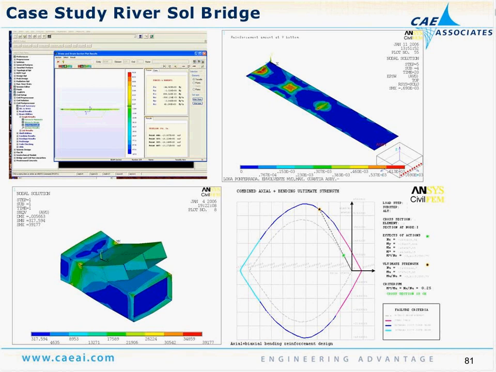And then finally, in the lower right-hand corner, again, is the interaction diagram and utilization. This is showing that the design is safe for this because the green dot is inside the envelope of the interaction diagram of axial and bending moment.